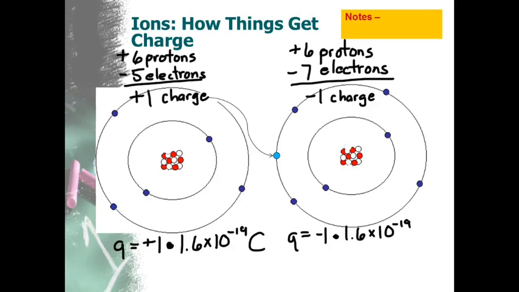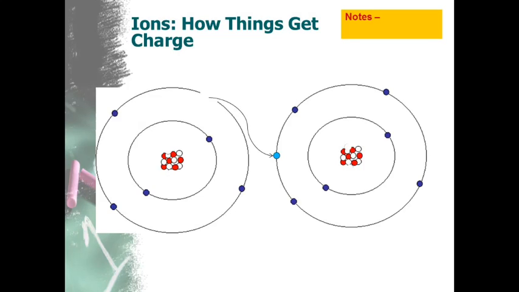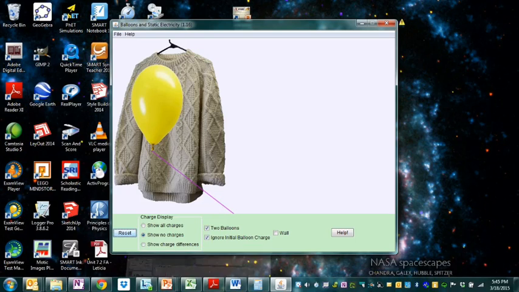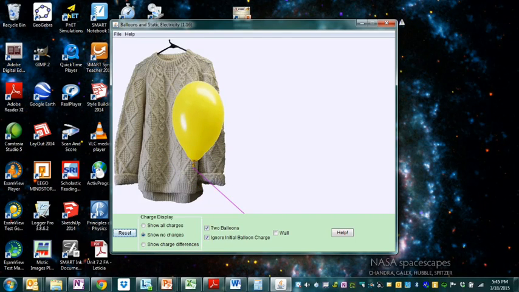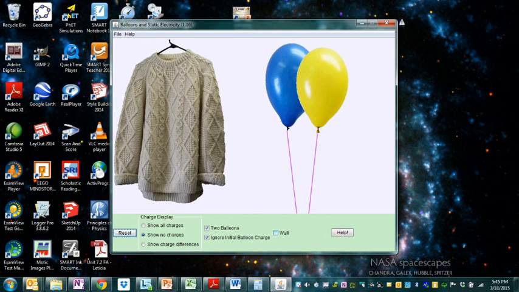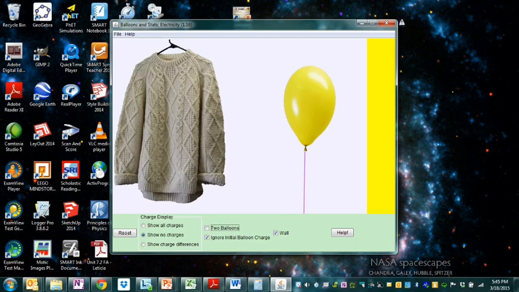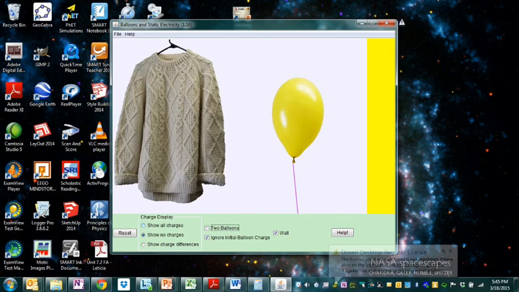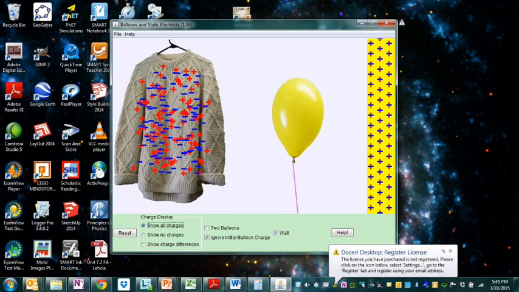So how does this play into our sweater and balloon scenario? Well, let's go back to that simulation, but this time let me reset it and go back to the wall and just one balloon. This time I'm going to show you the actual charges.